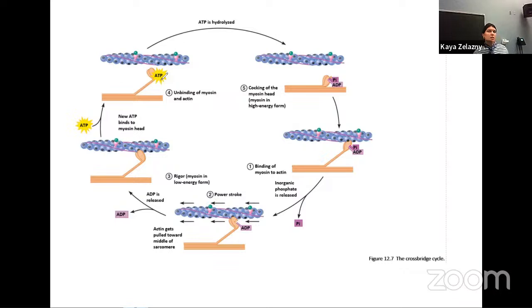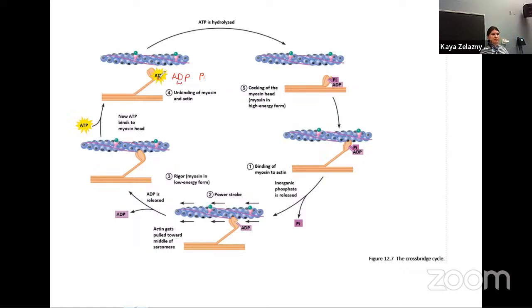And then we are not yet back to the beginning. Now we take that ATP and we break it. So ATP gets hydrolyzed. So ATP gets broken into ADP plus a phosphate ion. Okay. Right, because ATP was adenosine triphosphate, ADP is adenosine diphosphate.